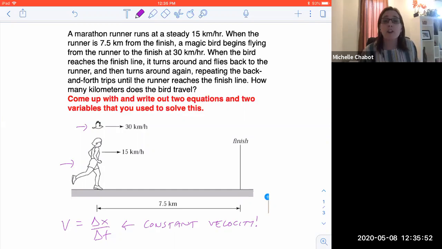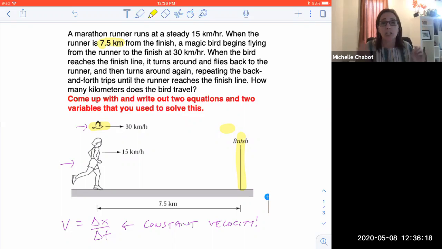Okay, so when the runner is 7.5 kilometers from the finish line, there's a magic bird, and the magic bird is going to fly at a constant speed of 30 kilometers per hour. When the bird reaches the finish line, it instantaneously changes direction and flies back to the runner.